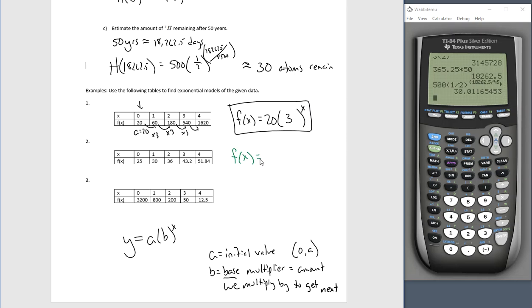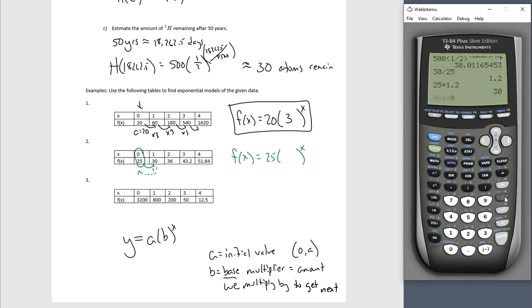Again, we have an f of x. Our a value is 25. But what do we multiply by each time? I have no idea. None whatsoever. But check it out. If we divide 30 by 25, we get 1.2. What that means is 25 times 1.2 will make 30.